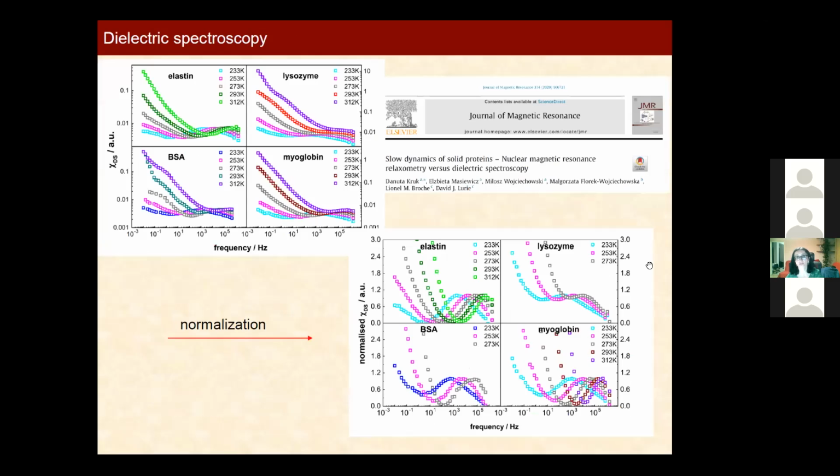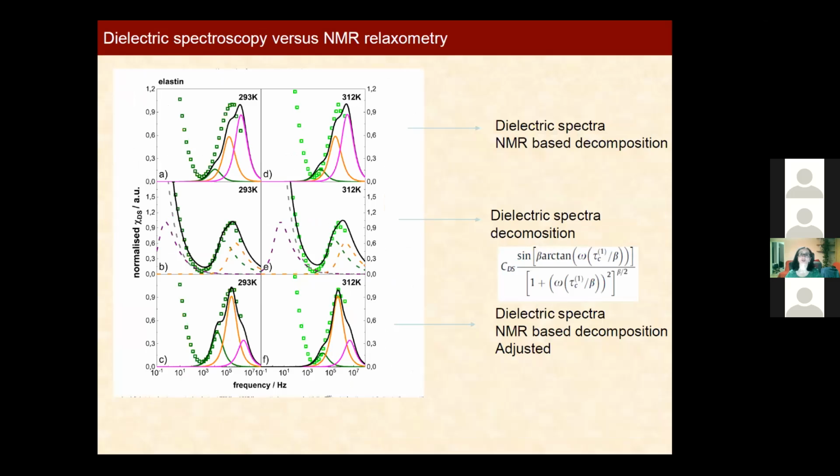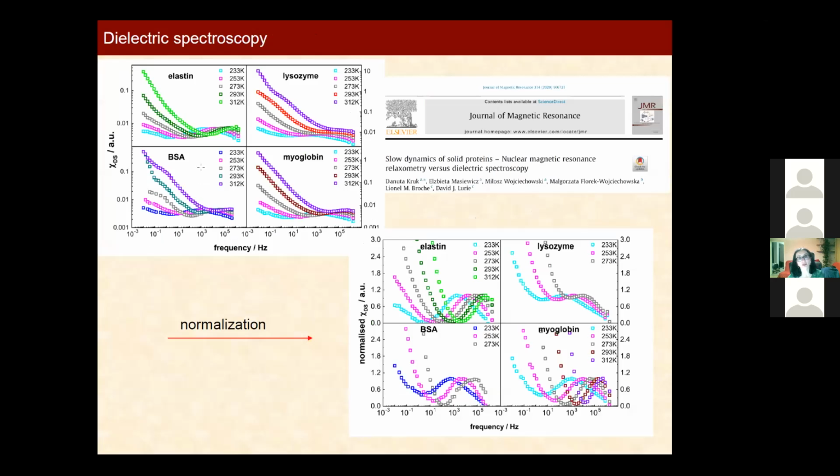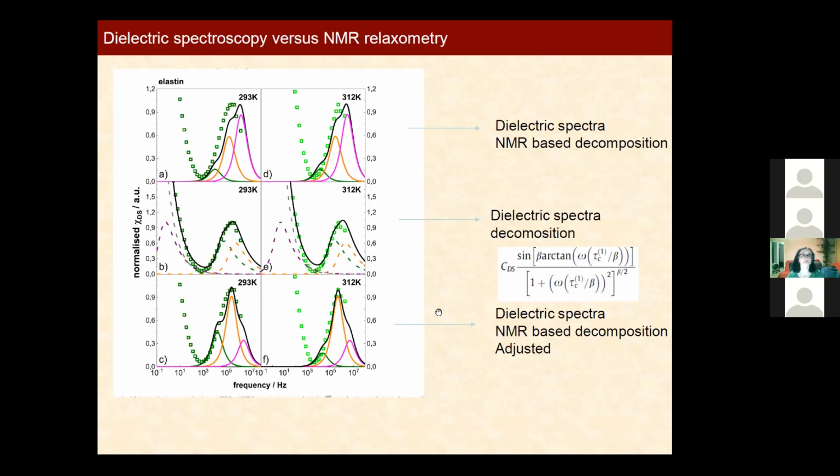Okay, so with those results, let me make such a thing. This is for LS. Those data, you can look at one temperature. Those points are dielectric spectroscopy data. Then what can I do?